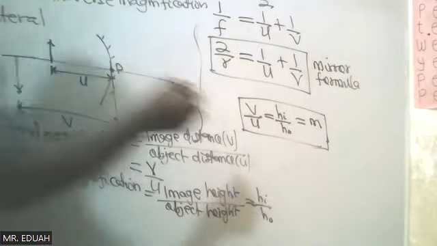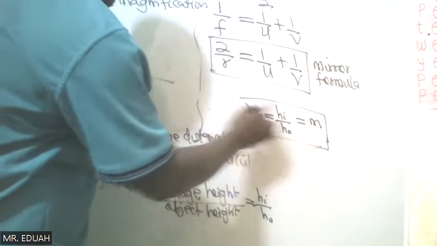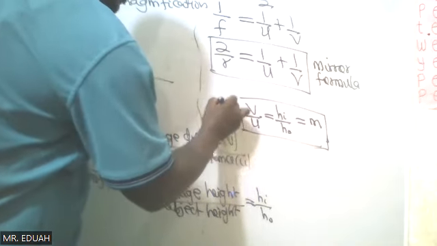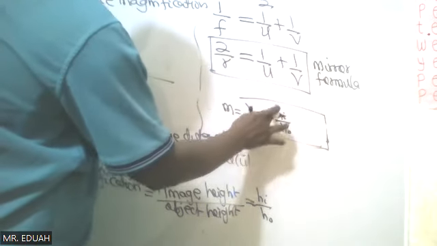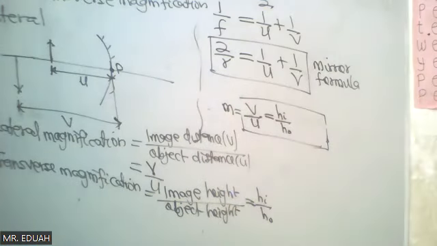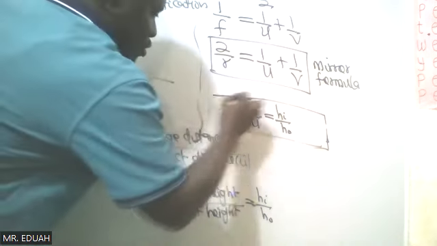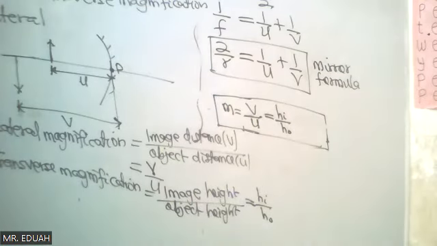Whenever you are looking for linear magnification, M is equal to either V on U, which is also equal to HI on HO. I'm sure you have seen this equation before, I think in the pinhole camera.